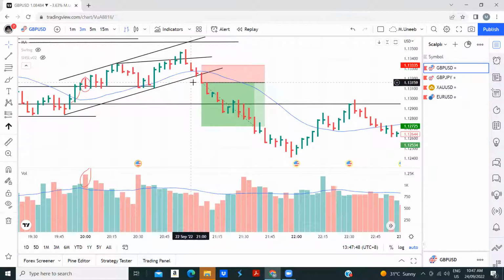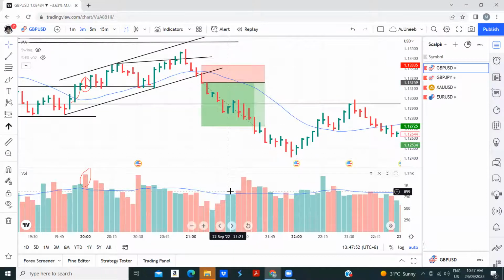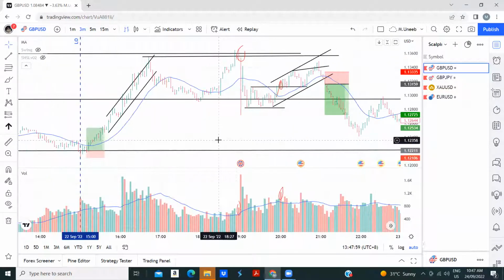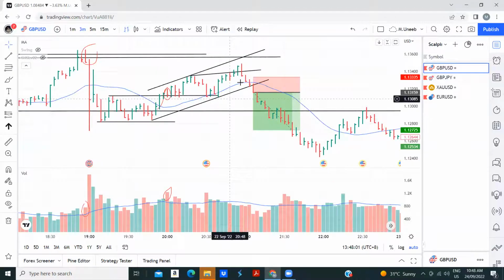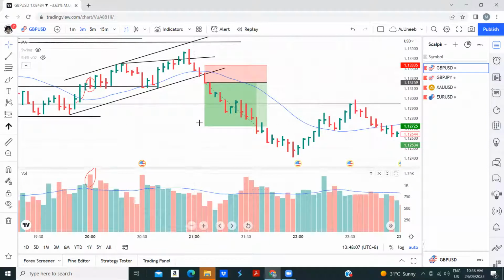But sometimes what happens, you will see a huge spring here, and then the price breaks down, and then you have to take the direct trade. The point is, if the break is very low, for example, with good volume here, you can see the price is breaking with a good volume here.